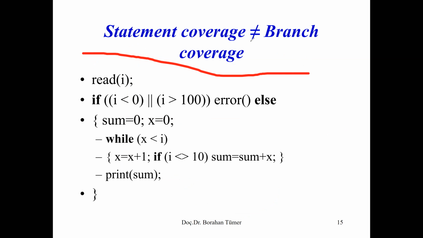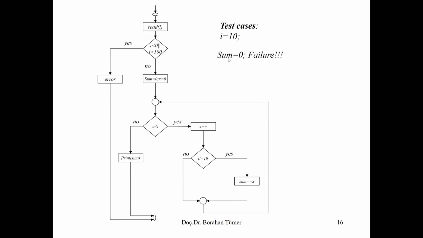Statement coverage is not equal to branch coverage, and we see this from this slide. Okay, do you understand what's going on here? Do you understand that this slide proves that statement coverage is not equal to branch coverage?